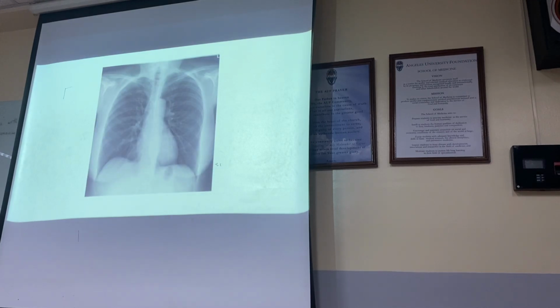Alright? I will ask for a chest x-ray. It is included, okay? This is easy naman in relation to the heart. No more lungs. Now, the importance of the chest x-ray or knowing the borders of the heart is the chest x-ray. This is a posterior anterior view.